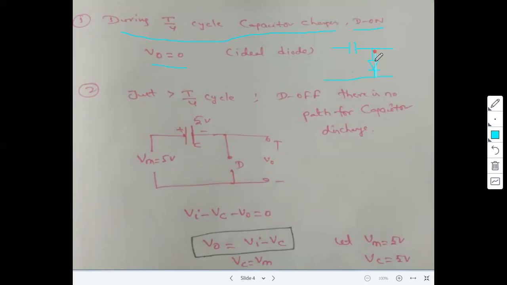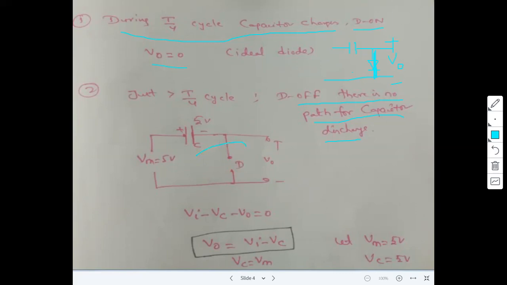Why? Because the diode is a short circuit and the voltage across a short circuit is 0. As just greater than T by 4, the diode is off. We are considering the ideal diode as an open circuit, so there is no path for the capacitor to discharge.